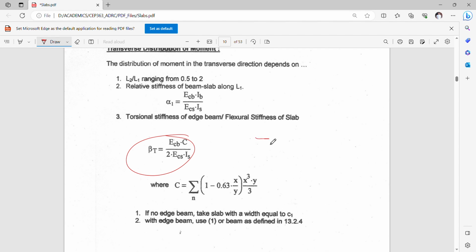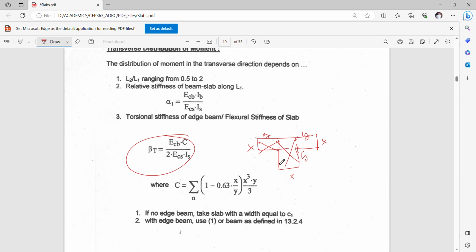If it's a T-beam, for your computation, you take note of x and y on the basis of dividing this into small rectangles. So your x is always less than y. If this is bigger, then this is smaller, then this is x, that's y. This is x, that's y, and this is x, and this is y.